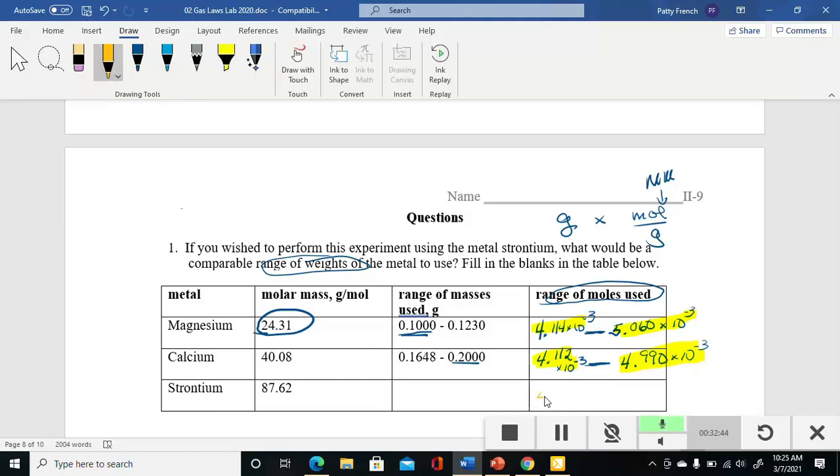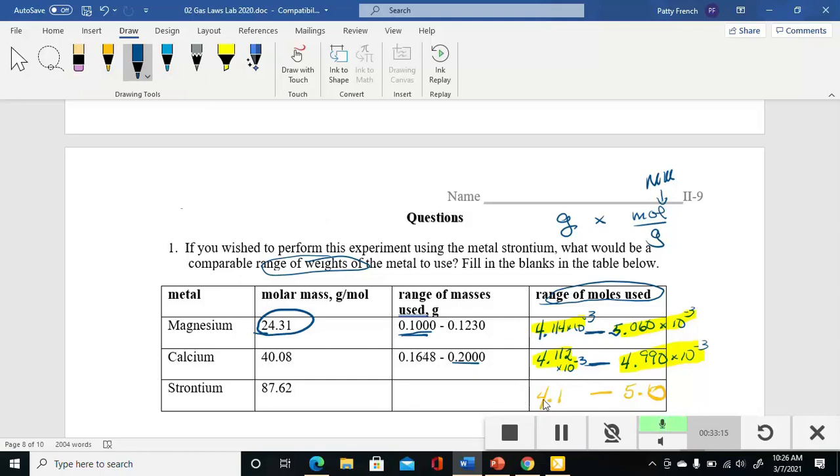So that's what we're going to say. We're going to say that if magnesium used that much, if calcium used the same amount, then strontium, which is also an alkaline earth metal, is going to be 4.1 to 5.0 as well.